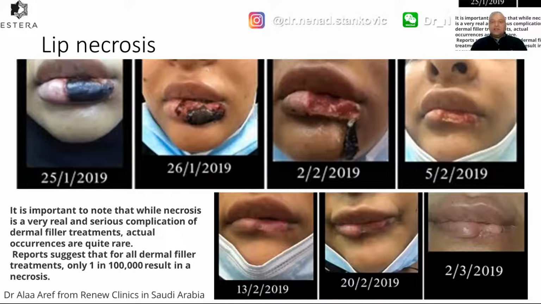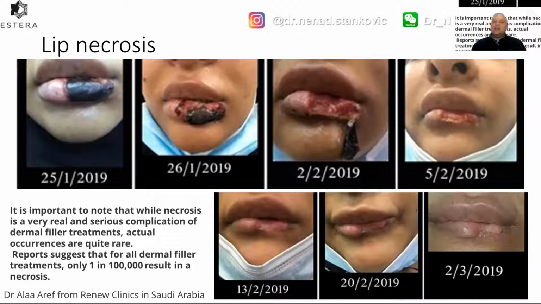This is something that we can definitely see if we have an occlusion on one side of the inferior labial artery. And of course it can happen to all of us.